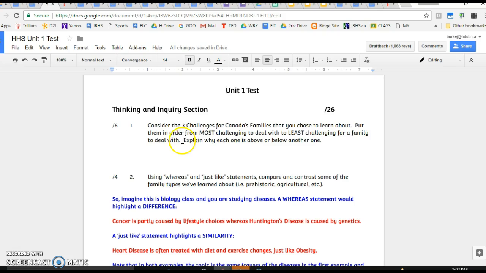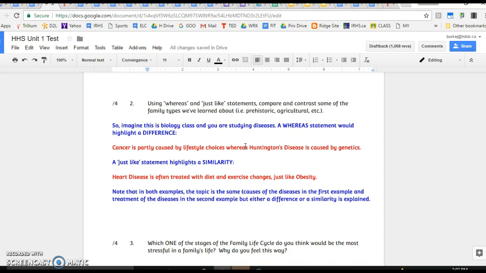The important part here is to explain why. It doesn't mean that the one on the bottom is not challenging. It just means that you have decided that it's less challenging than the one above it. Well, why is that? What is it that would be more manageable?